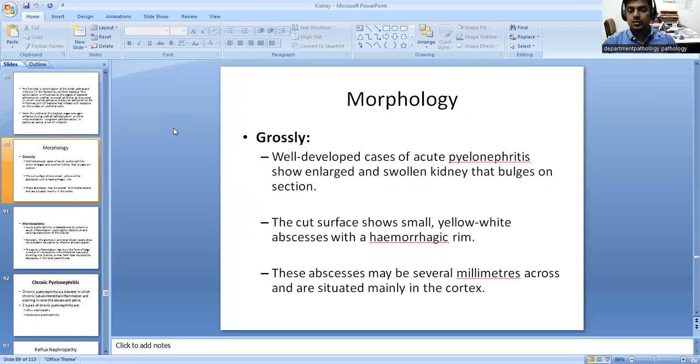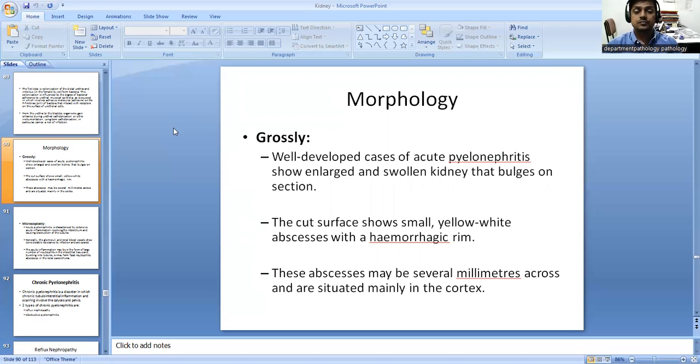Morphology. The gross features: well developed cases of acute pyelonephritis show an enlarged and swollen kidney that bulges on section.